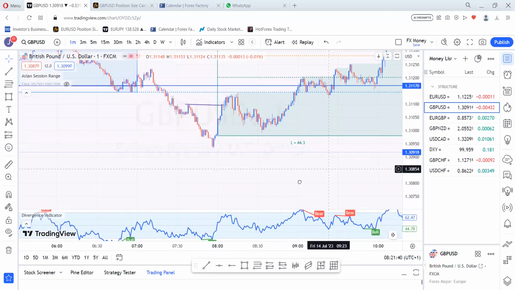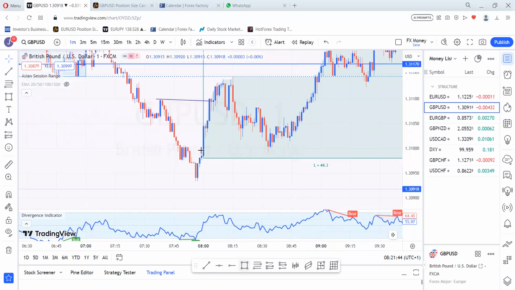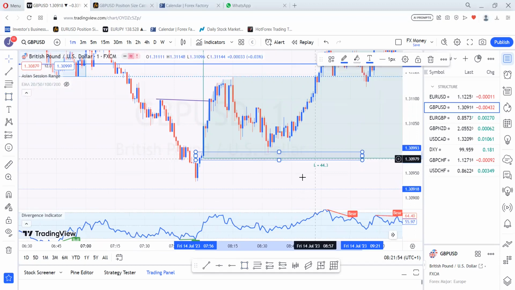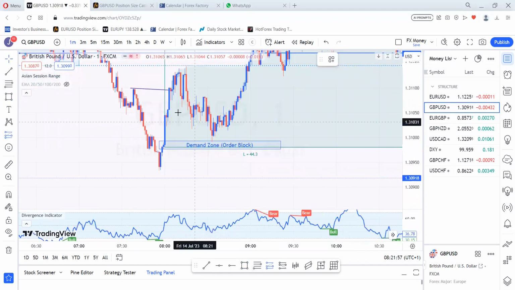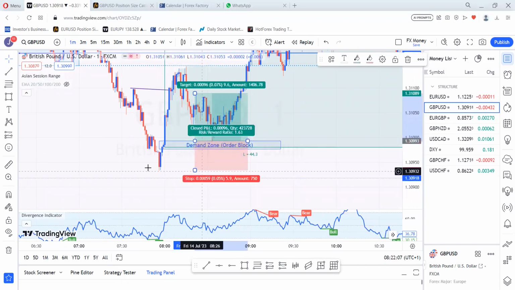So your nice order block right here, after the change of character, if you do maybe this to here, yeah, that will be your demand zone. So even if you take this from here, where it tapped in, to here, you are still at about a 6 pip stop loss.